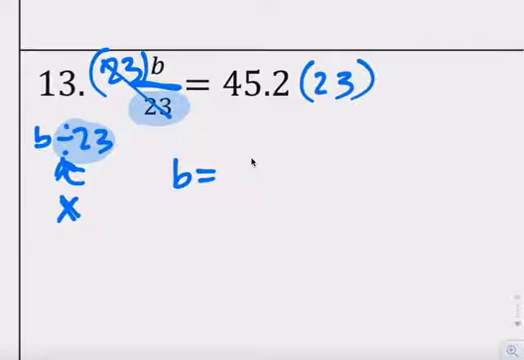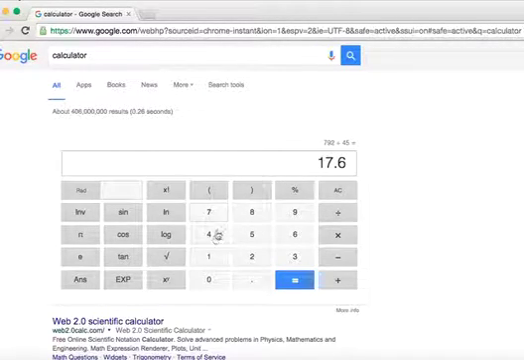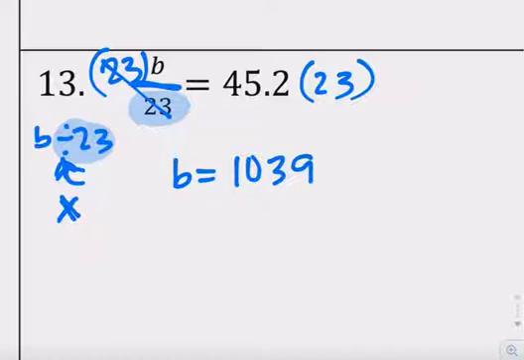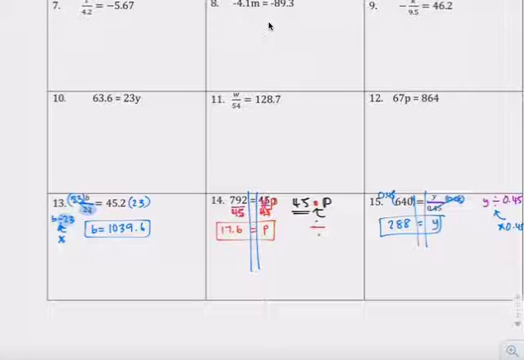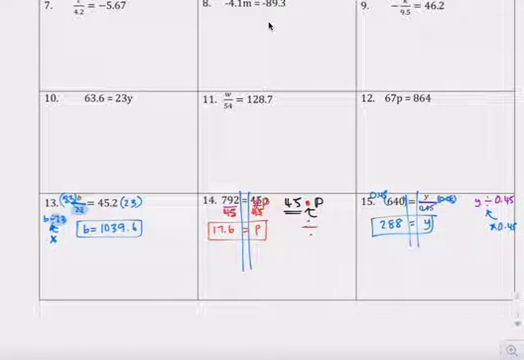B equals, use a calculator: 45.2 times 23 equals 1039.6. That's your answer. It's basically what you're doing.